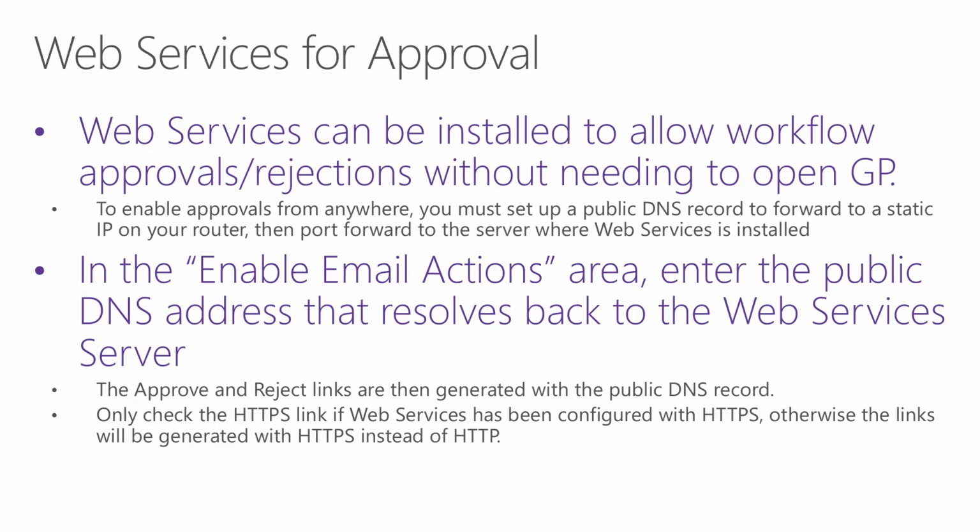So if you want to use the email functionality, web services is a requirement. And then in that email actions area, you enter the public DNS address that resolves back to your web services server. This is for the approve and reject links that are generated with the public DNS record. So only check the HTTPS link if web services has been configured with that secured link. Otherwise, you can just use the HTTP.